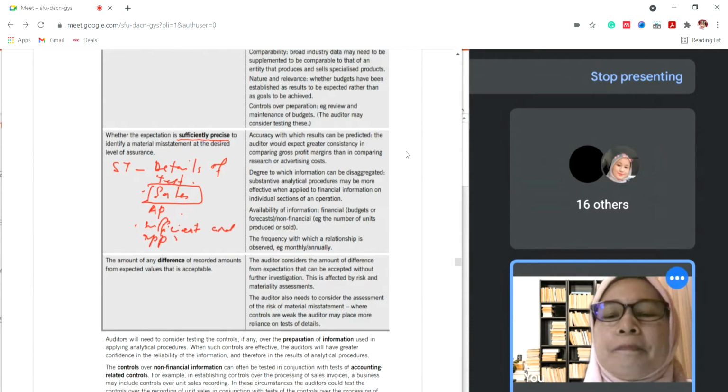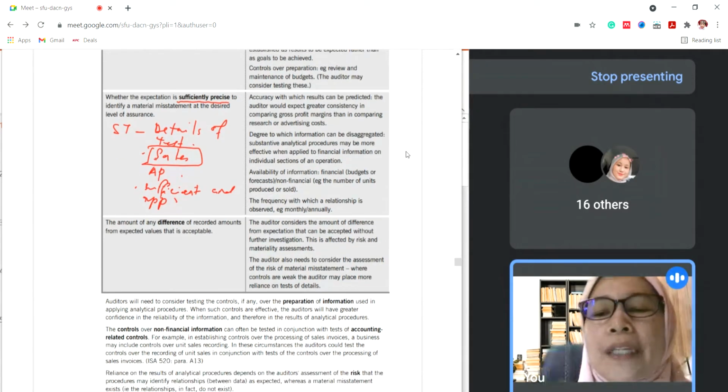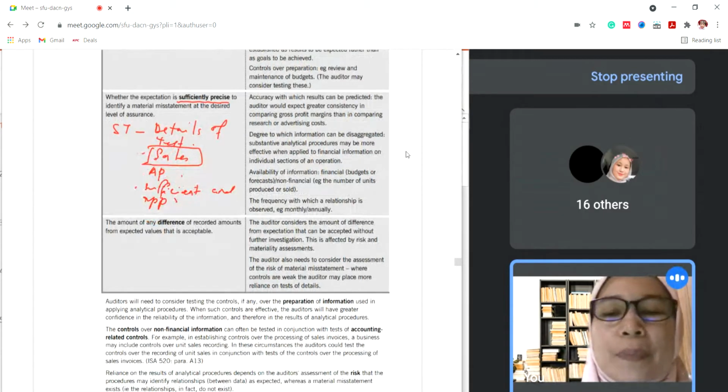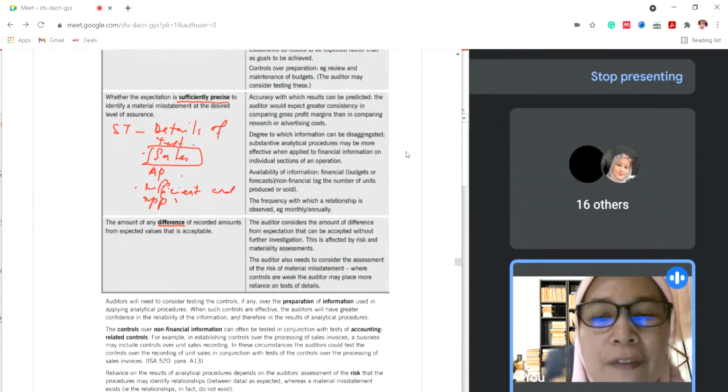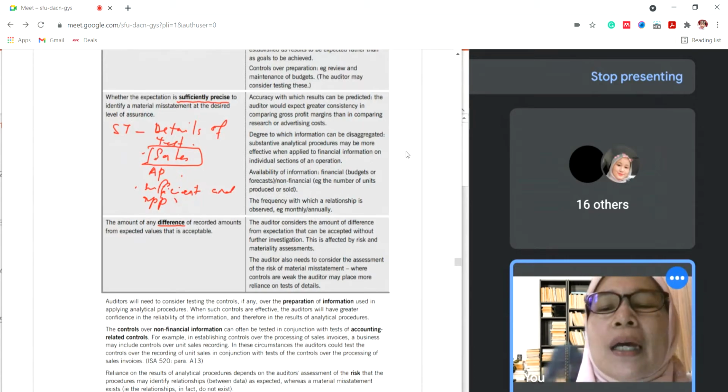Okay, and the amount of any difference of recorded amount from expected value that is acceptable. Okay, so if you identify that differences of recorded amount from your expect, okay, from that particular item, then you prepare the analytical procedures.